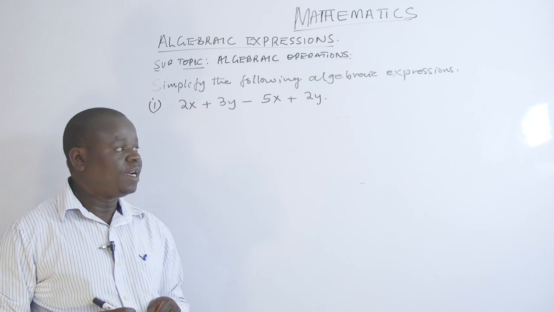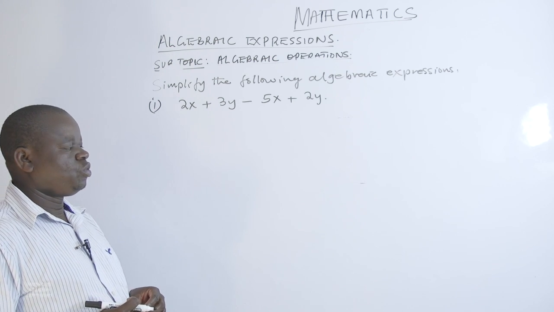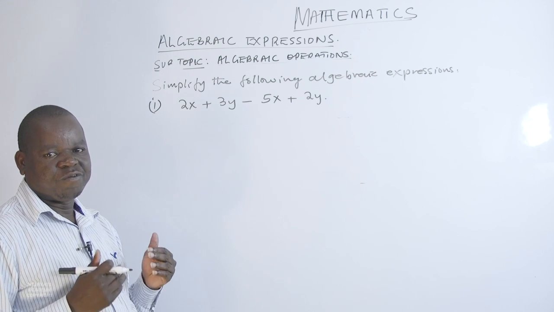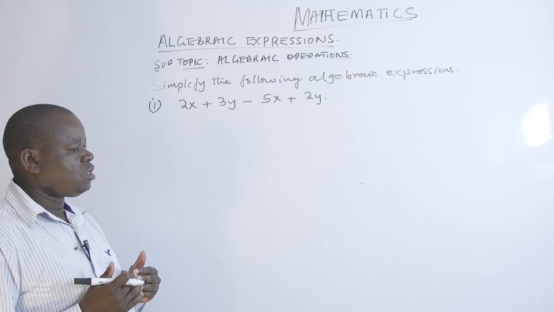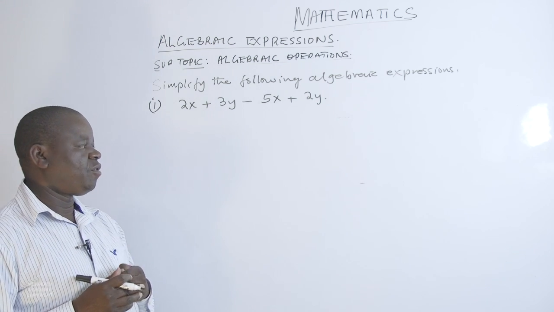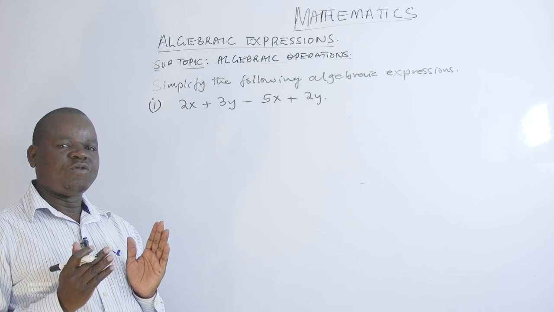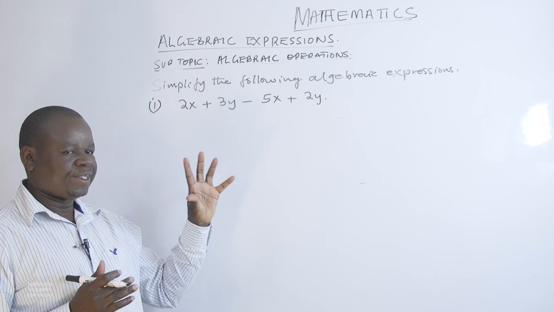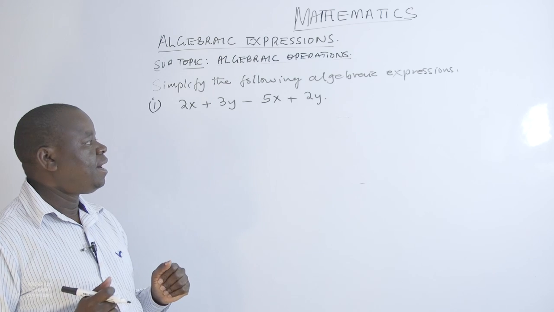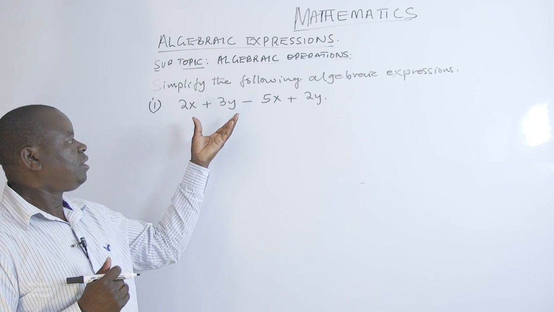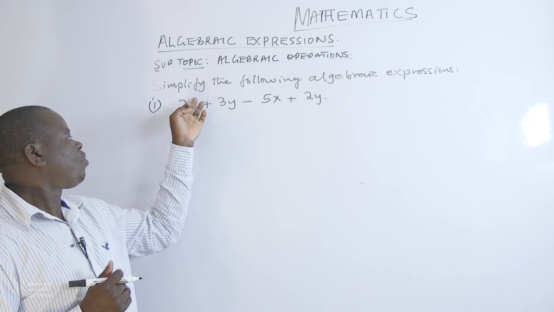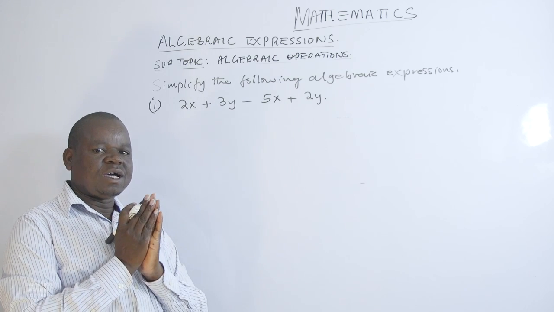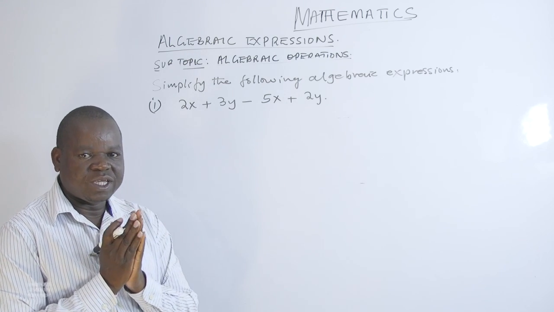So that is our example, which we want to simplify using the basic concepts we have learned this morning. The first thing that you do, for this particular kind of expression, is to group terms with the same pronumeral together. Here we have the pronumeral x and the pronumeral x, so terms containing x will be put together.